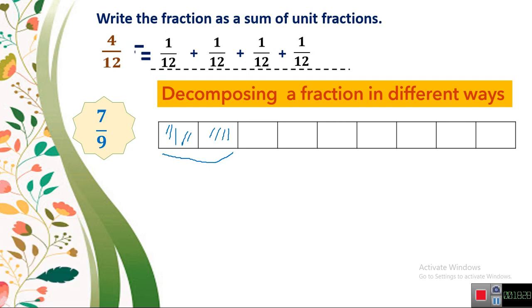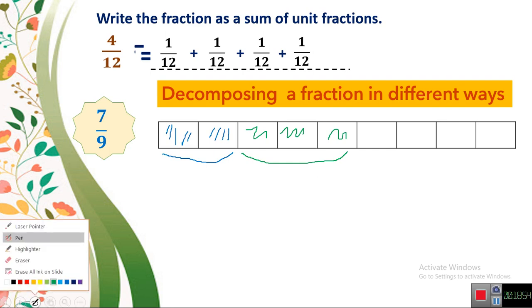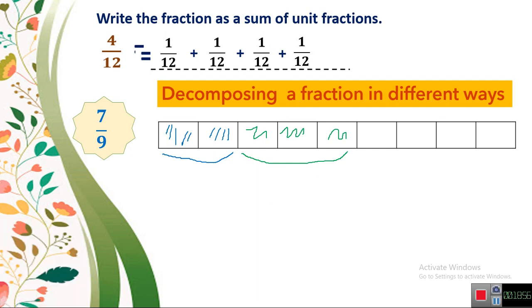Now I would like to change the color. I would use a green now. I would like to shade 3 parts of this model, so I could get my next addend to be 3/9. Then I still need to make it 7. It's just 1, 2, 3, 4 and 5 now. So I would need 2 more parts. I will use another color. I'll choose a red this time.